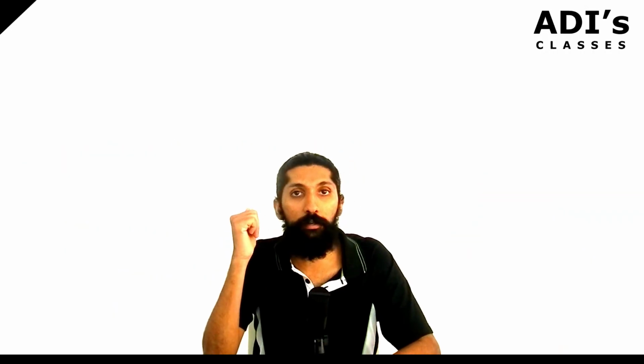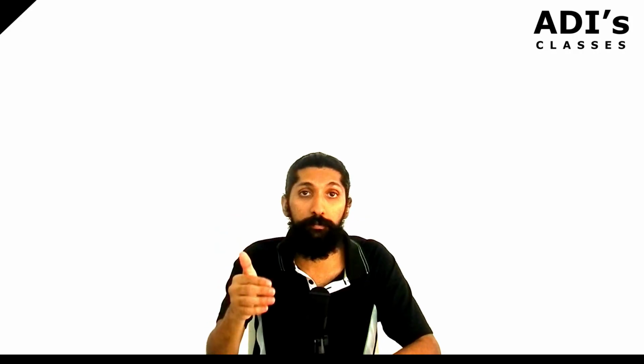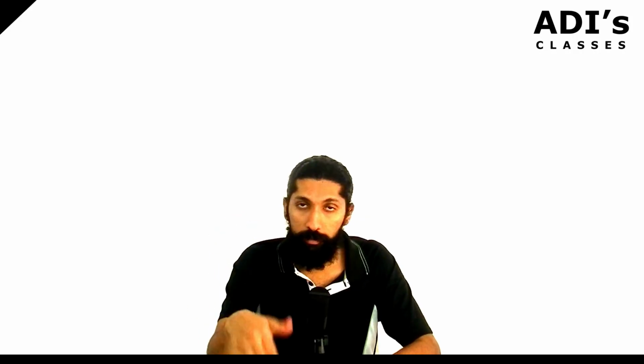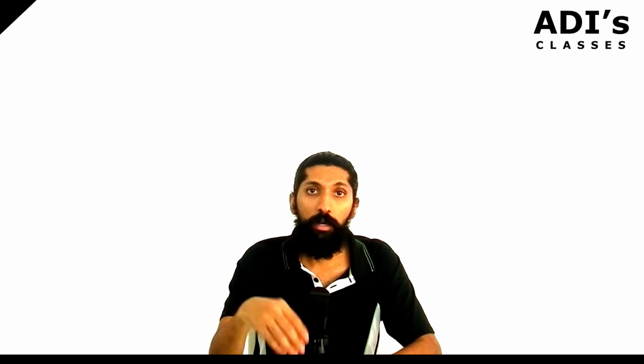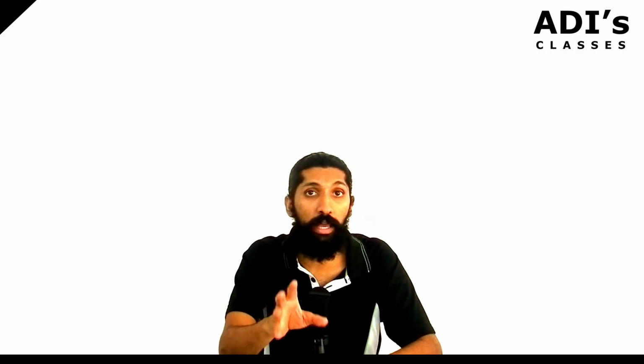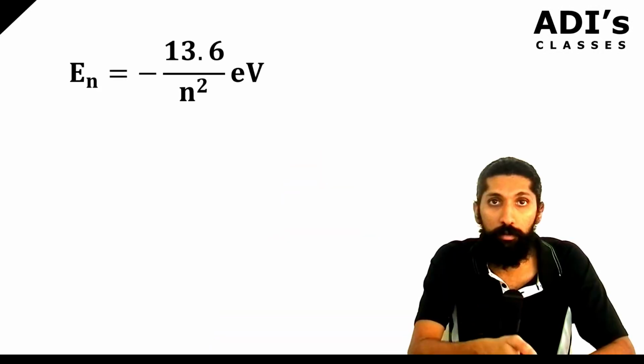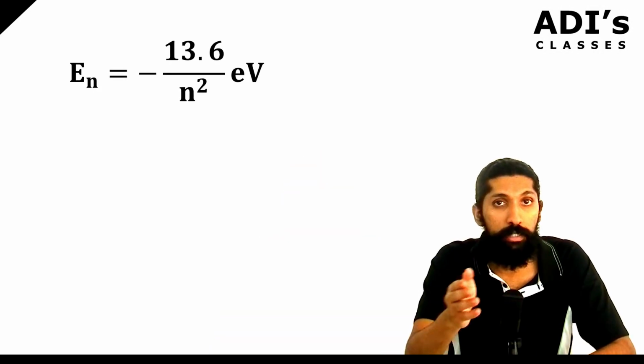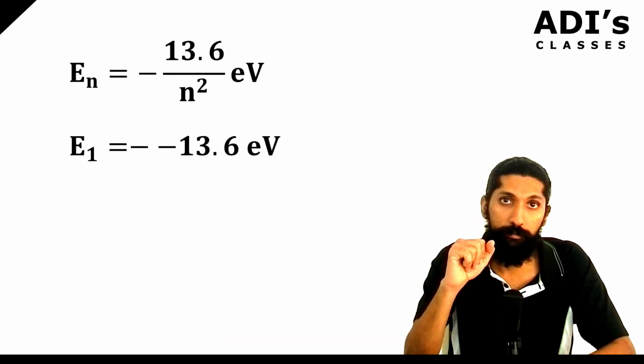Now we understood that for different types of jumping of the electrons from one orbit to another, we have different types of radiations, correct? Now we can understand this with the help of the energy. Remember the formula E is equal to minus 13.6 by n square eV.